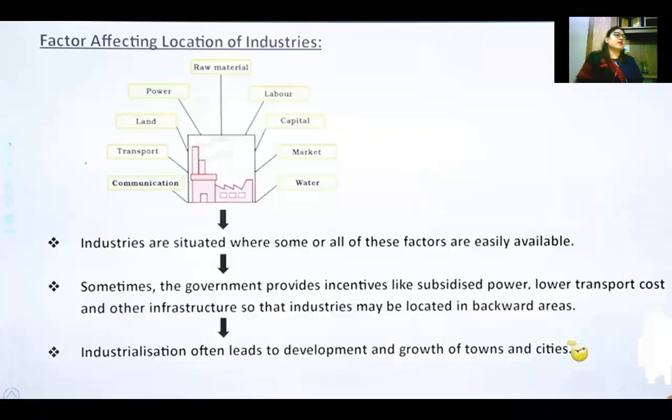Because see, if at any backward place or area any industry comes up, then what is the benefit? The people who are living near that industry will get employment in the labor class, or if they are educated enough, then also at higher posts. So ultimately the benefit is that it is decreasing unemployment, providing employment opportunities to more people, and it is the role of the government only.